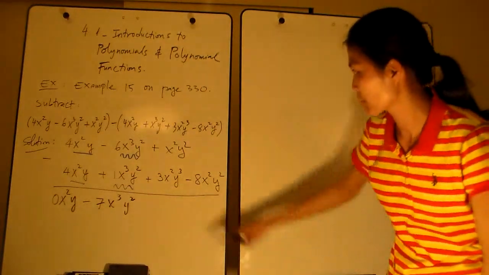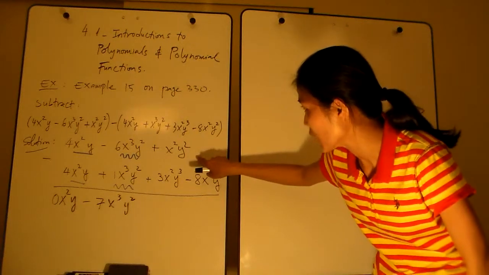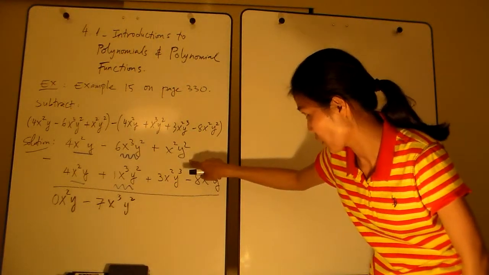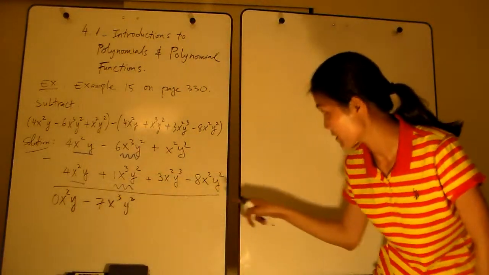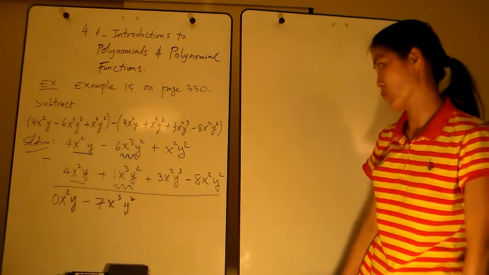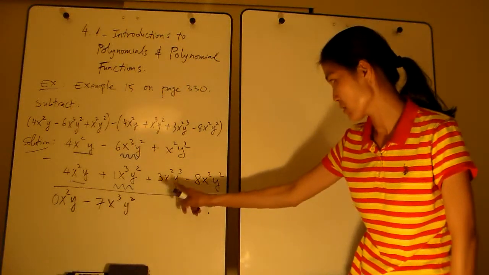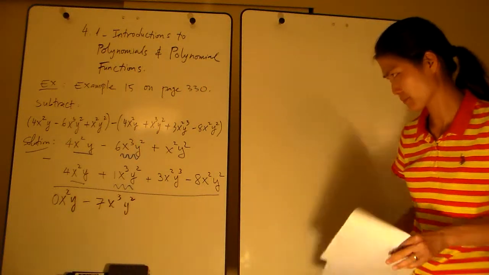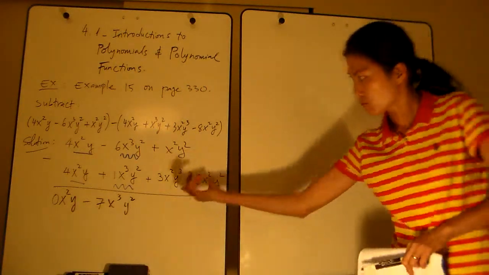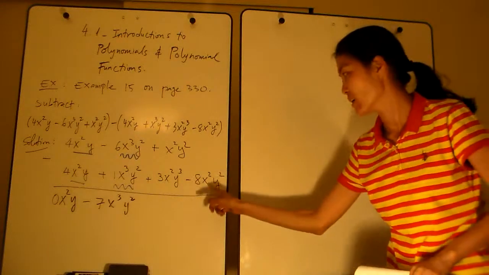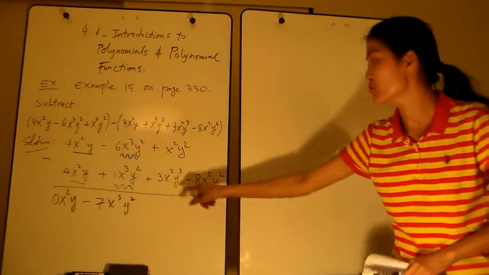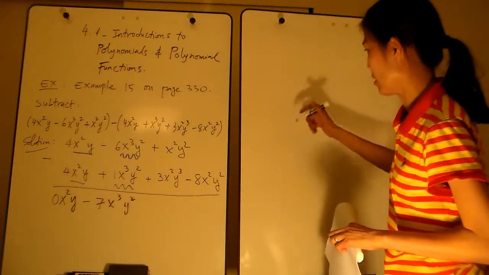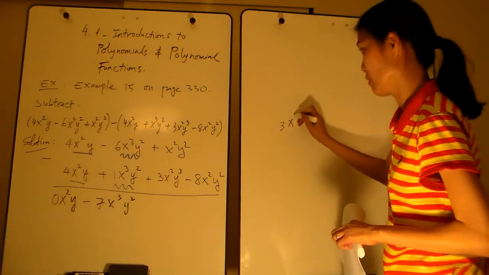And then for this term right here, you're looking for x squared y squared. Is there any term in the second polynomial that has x squared y squared? Not this. This term right here. Now, I would probably reorganize. I would switch the positions of these two terms. So let me copy here.